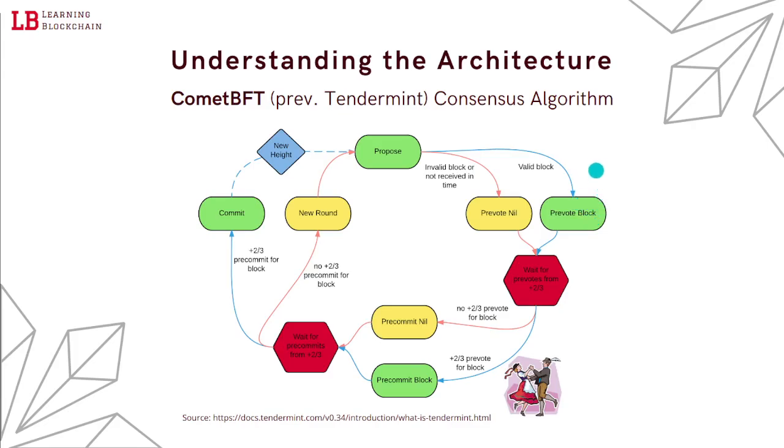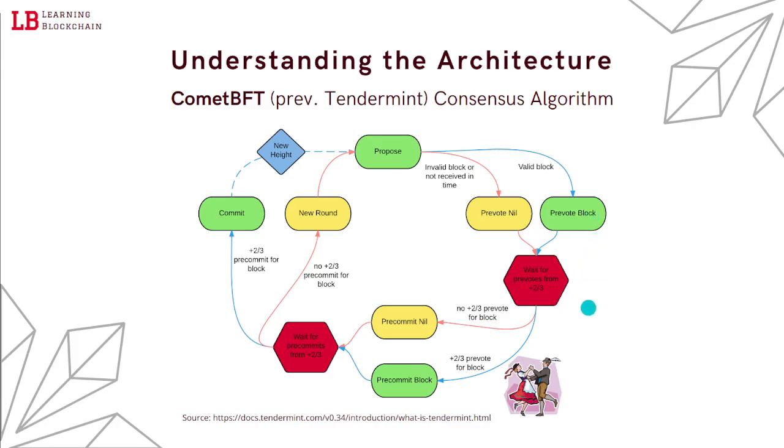This is how the Tendermint or Comet BFT consensus algorithm looks. It starts with a new round where a new block proposer is selected in a pseudo-random fashion. This block proposer proposes a new block with certain transactions, and it is broadcast to its peers, the other validators. Those other validators are going to pre-vote on this new block. They can pre-vote nil if they find an invalid block, or pre-vote the block if it is valid.